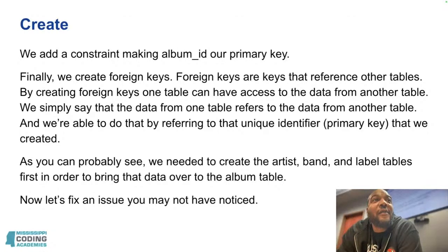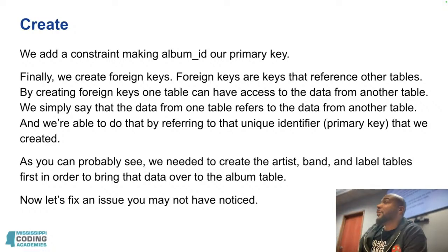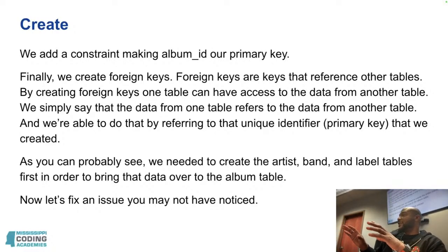Finally, we create foreign keys. Foreign keys are keys that reference other tables. By creating foreign keys, one table can have access to the data from another table. That's important because, again, we're talking about relational databases. So these tables are not separate from each other, they're connected.